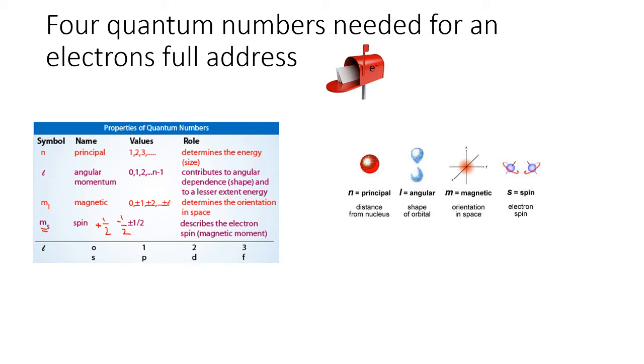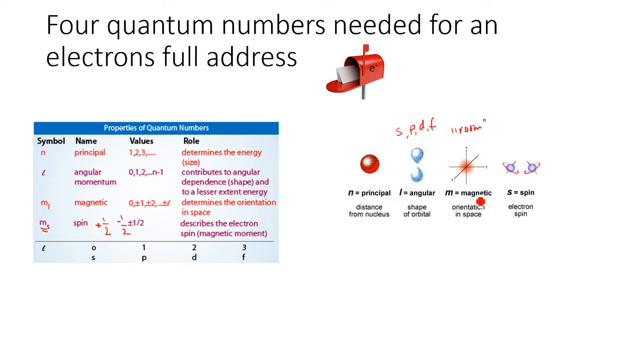So here's everything about quantum numbers, but shown in pictures, not in words, just in case that's helpful. The principal energy tells us the size. The angular momentum tells us whether we're in S, P, D, or F. The magnetic quantum number, of course, tells us which room we're in. So each of these subshells have different numbers of rooms, and so we have to number the rooms.